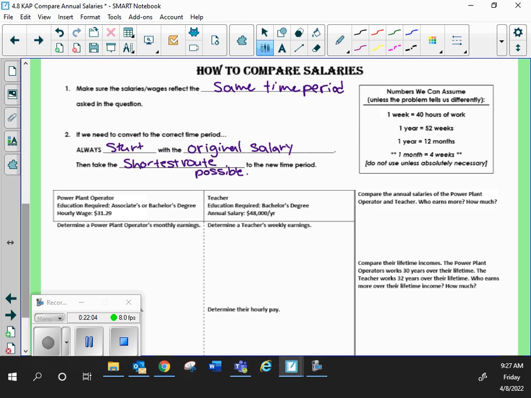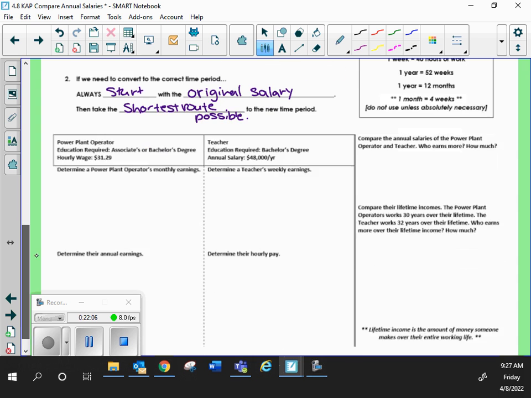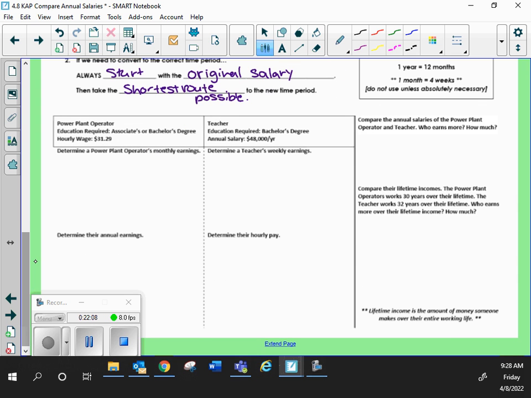I will show you. So, for example, if I wanted to compare a power plant operator to a teacher, get ready to cry from this bottle, it's okay, I'll be fine. Let's compare. The power plant operator was given an hourly rate, whereas a teacher usually gets paid annually.